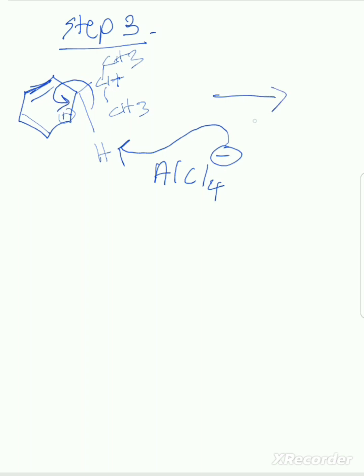So the aromatic ring is restored. Here the product is formed like this: this bond will be here, then here CH3, and here CH3 like that.